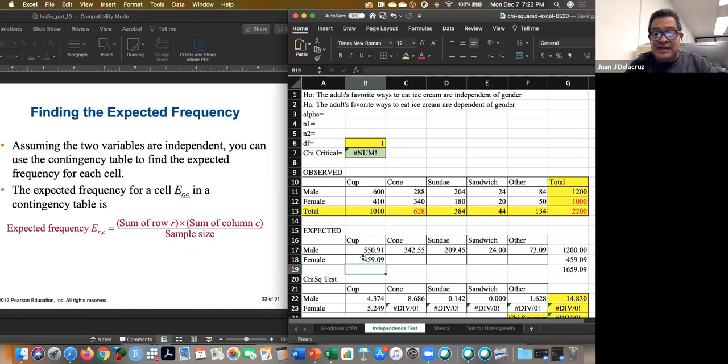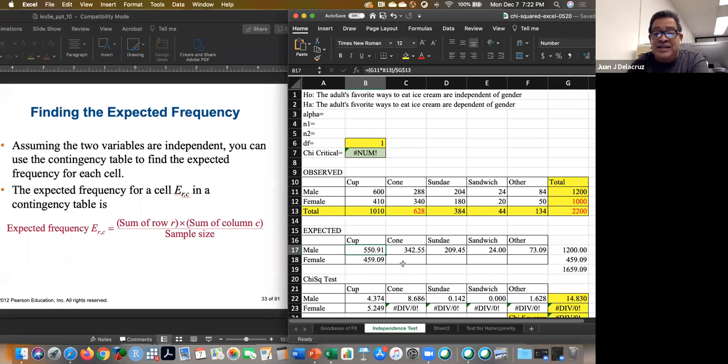So we observe 600 males buying ice cream in a cup, and 410 females. So what we were expecting based on this distribution is 550.91 and 450.909. So that's what we were expecting.